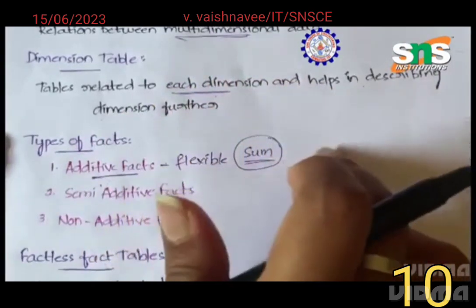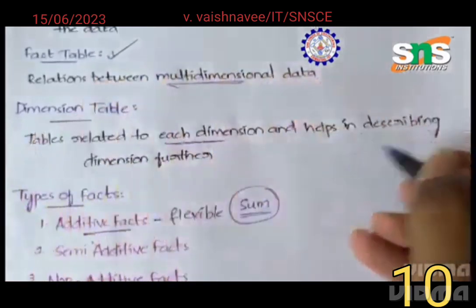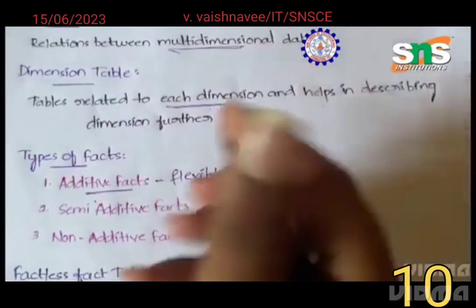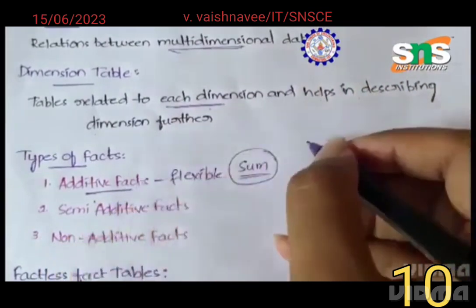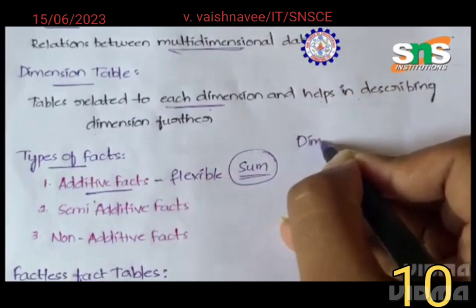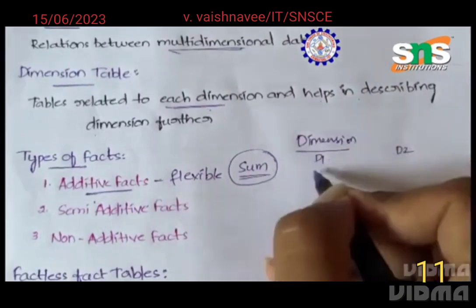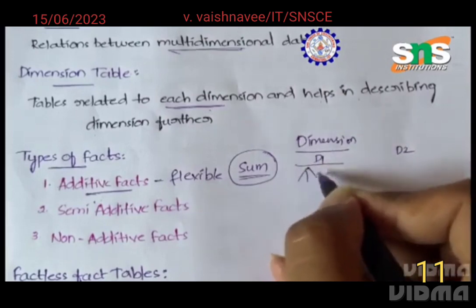What is the definition of fact table? Relationships between multidimensional data, right? So you'll have so many dimensions there. In additive facts, suppose this is dimension D1 and D2, let us take. Here you have some facts, F1, F2, F3 and so on.